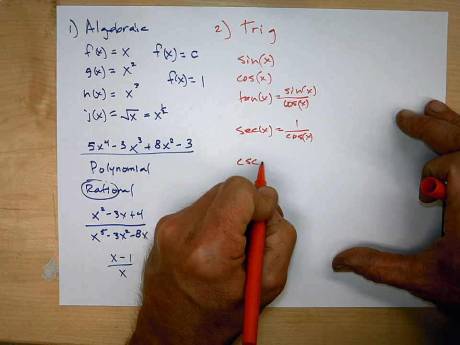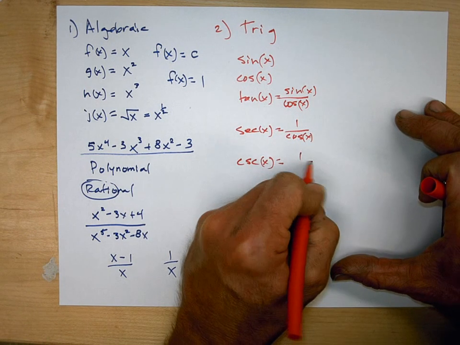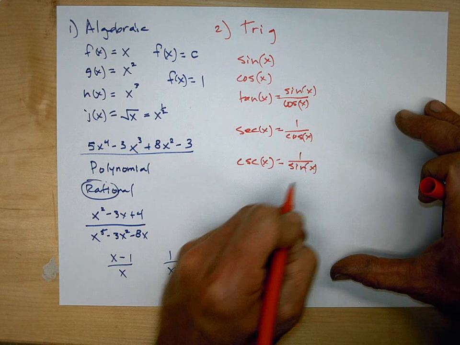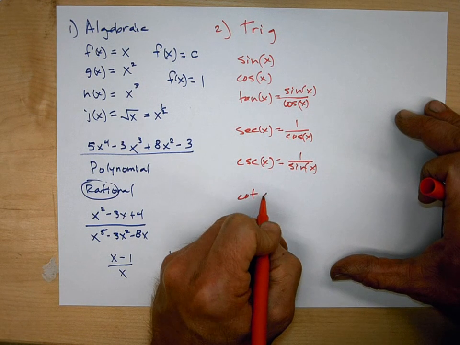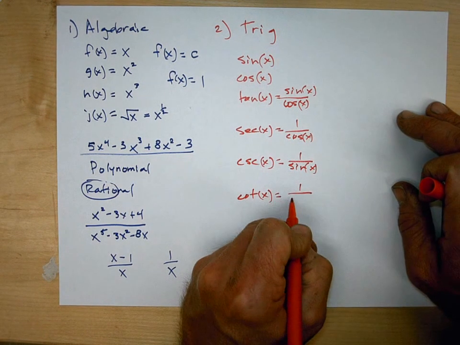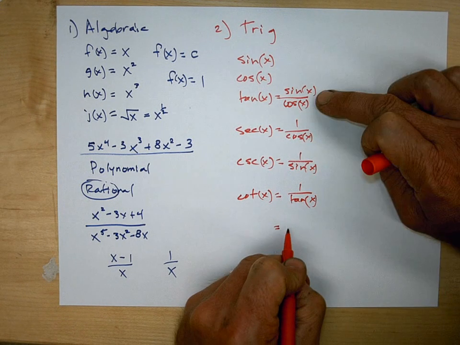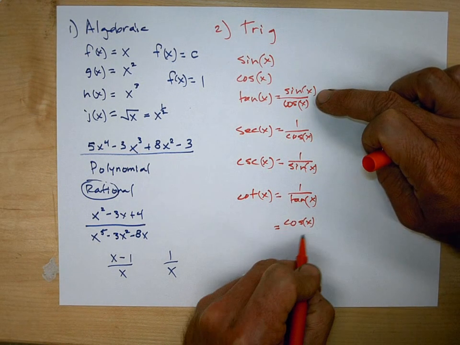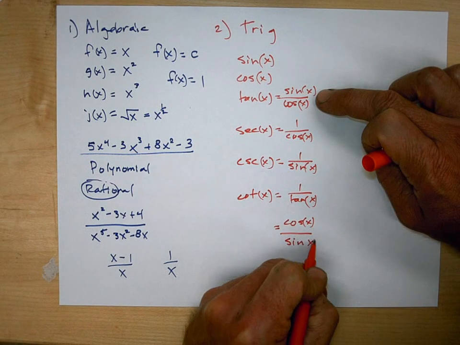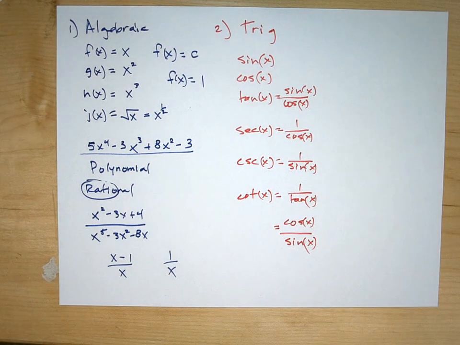Cosecant, which is 1 over sine, and then cotangent, which is 1 over tangent. Since that's the reciprocal, we could also write it as cosine over sine. That's another class of functions.